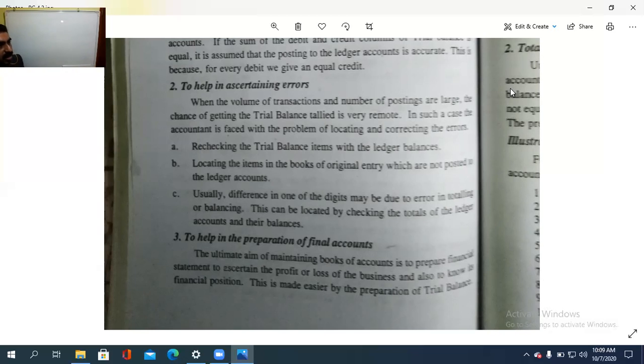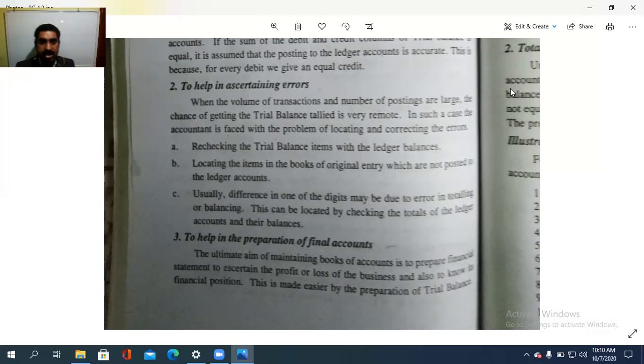So there will be a shortage of that entry, isn't it? ഇനി ആ ലെഡ്ജർ അക്കൗണ്ട്സിൽ അപ്പൊ അതും കൂടി ഇട്ട് കഴിഞ്ഞാൽ എന്ത് കിട്ടും? We are correcting that. So that is why ട്രയൽ ബാലൻസും ലെഡ്ജർ ബാലൻസസും തമ്മിൽ ആദ്യം ചെക്ക് ചെയ്യണം. അല്ലെങ്കിൽ ഐറ്റംസ് ഓഫ് ദ ബുക്സ് ഓഫ് ഒറിജിനൽ എൻട്രി, അതായത് ഏതാ ജേണലും ലെഡ്ജറും ട്രയൽ ബാലൻസും തമ്മിൽ ചെക്ക് ചെയ്യണം. എന്താണെന്ന് വെച്ചാൽ എടുത്തെഴുതിയതിനകത്ത് ക്ലറിക്കൽ എറർ വല്ലതും വന്നതാണോ എന്നുള്ളത്.